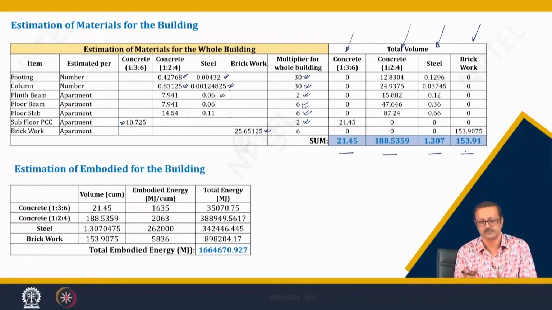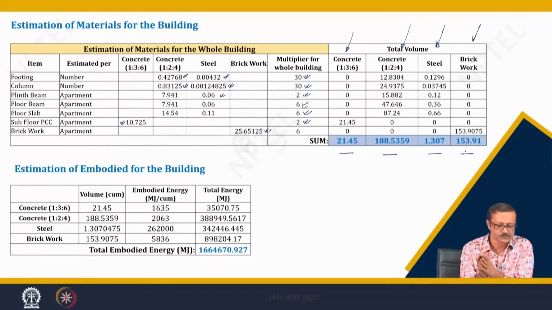Please remember that the central part, the D to E grid, is not taken into account: the staircase and the central common lobby part. Now, the things are very easy. I have put in those values: 21.45 for concrete, which is PCC, then 188.5 something for the concrete, 1.3 for the steel, and 153 for the brick.